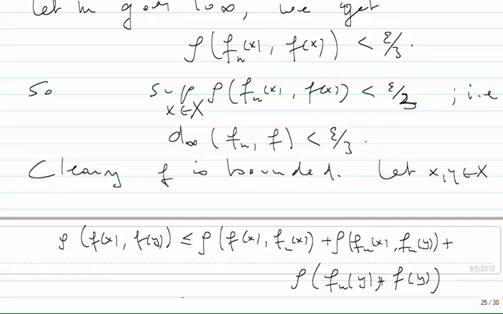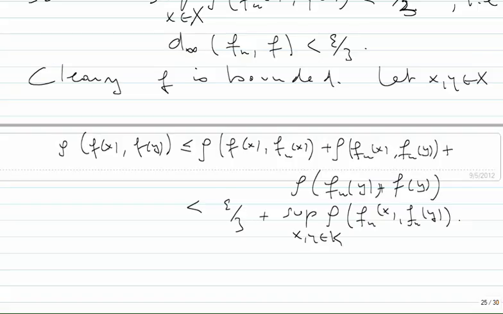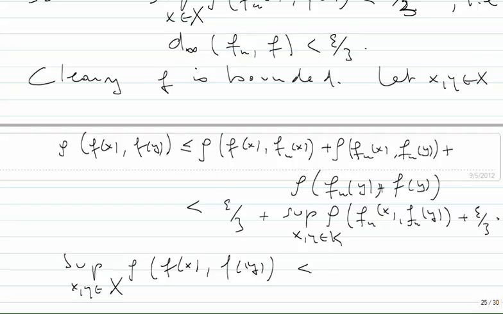So this is less than epsilon over 3 plus the supremum of rho of Fn of x, Fn of y, x and y in X, plus epsilon over 3. So you see here that the supremum of rho of f of x, f of y, when x and y are in X, is finite. So it is bounded.